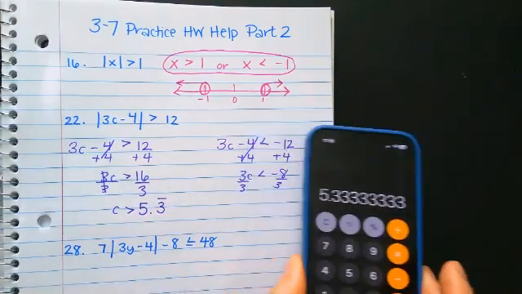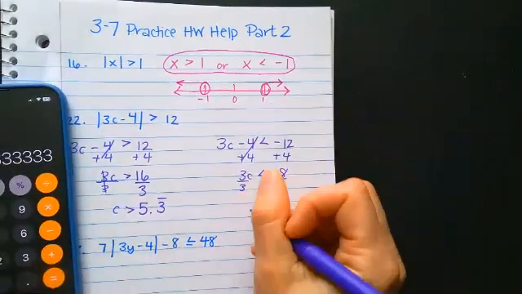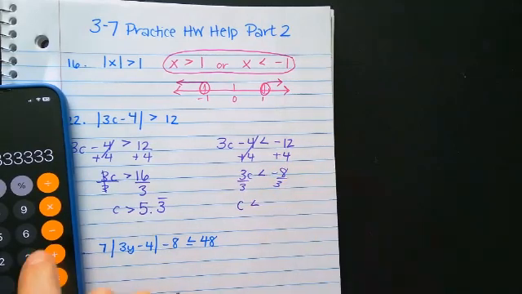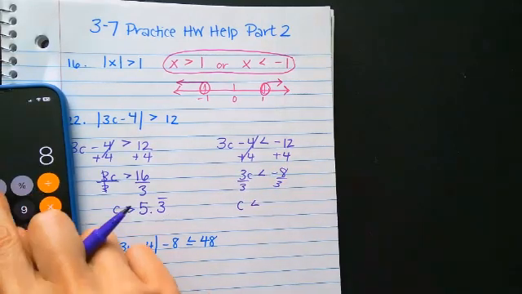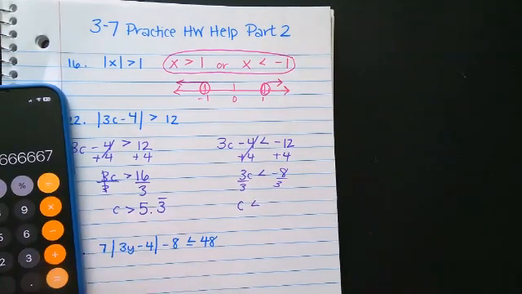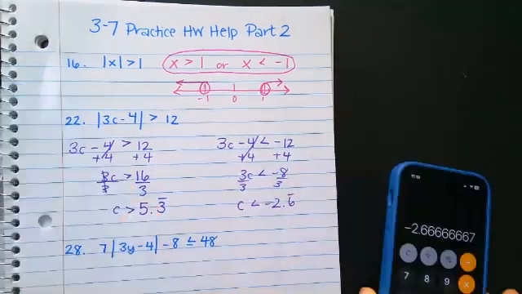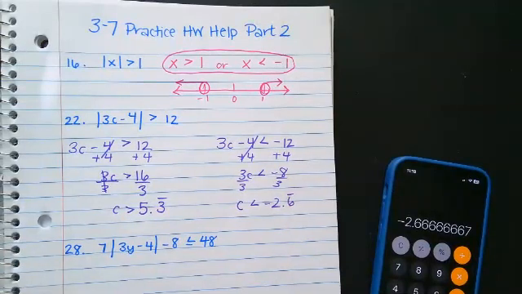Or you can leave it an improper fraction. Over here, c is less than negative 8 divided by 3, which is negative 2.6 repeating. Okay, so that is our two inequalities solved, but that is not the final answer.